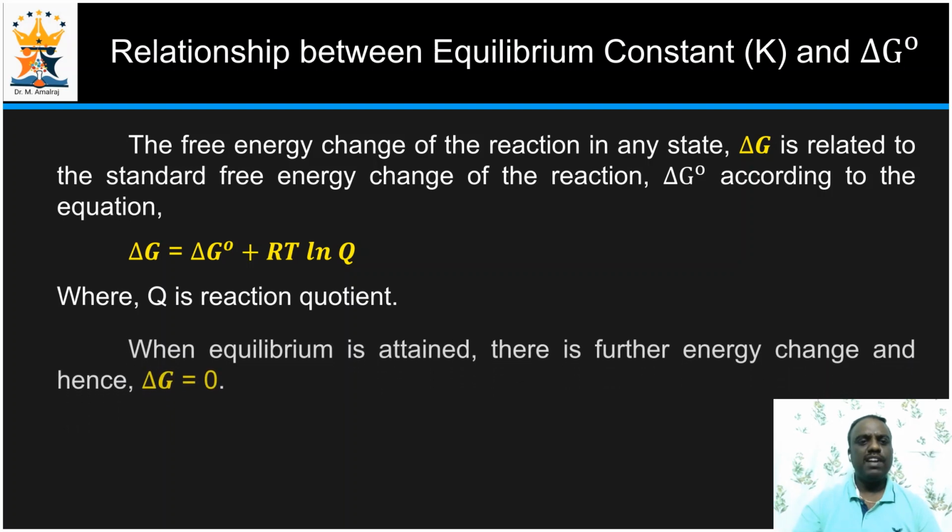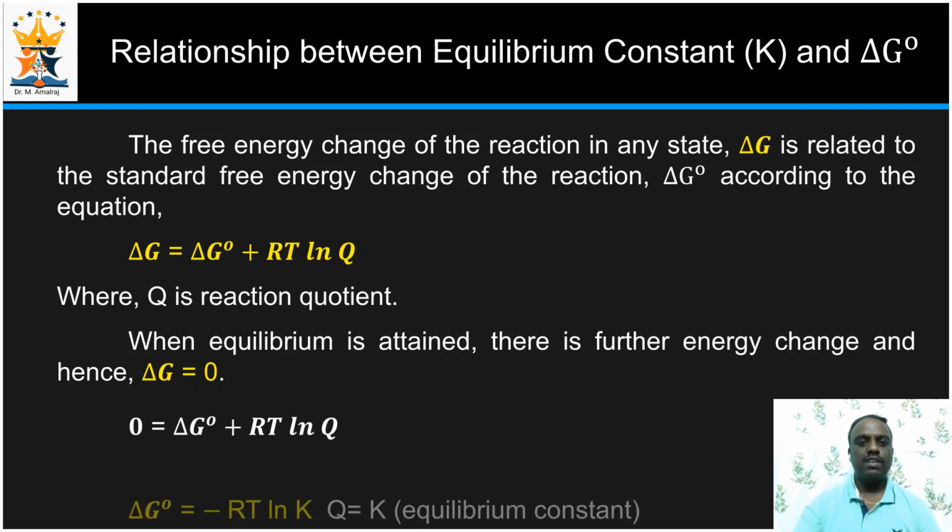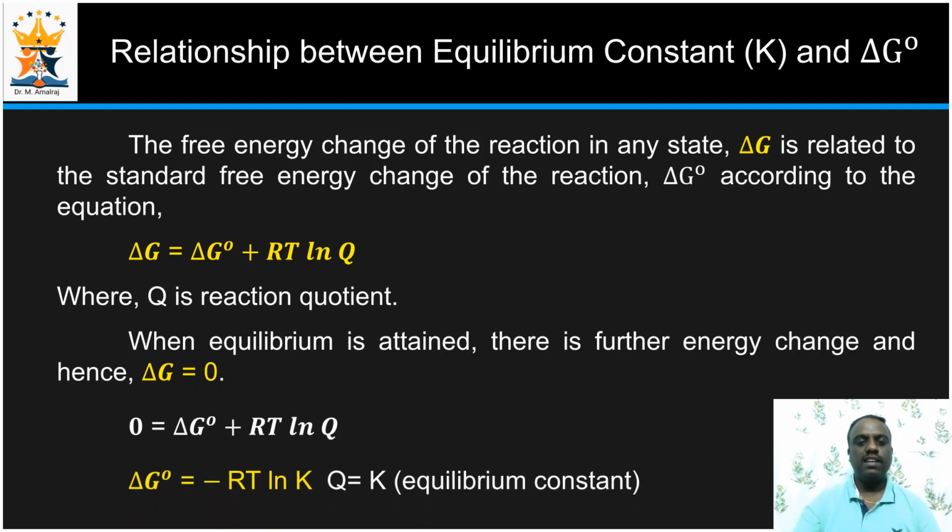At equilibrium, delta G is equal to 0. So 0 is equal to delta G naught plus RT ln Q. On rearranging, delta G naught is equal to minus RT ln K, since at equilibrium Q can be expressed as K. And this is another important formula to calculate the equilibrium constant.